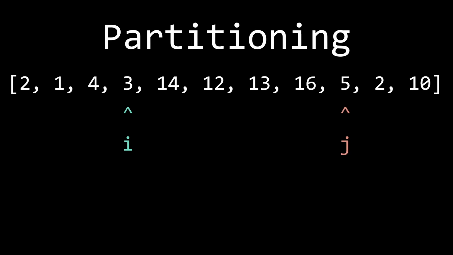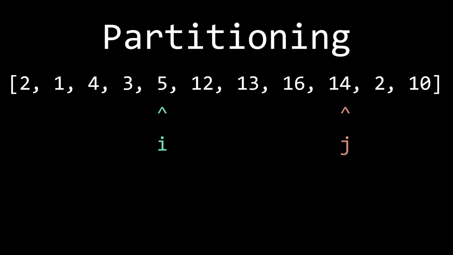Okay, so now as you can see, 5 is less than our pivot. So what we're going to do is increment I by 1, and then swap the values at I and j. Once we've swapped them, you can see that the conditions are satisfied.